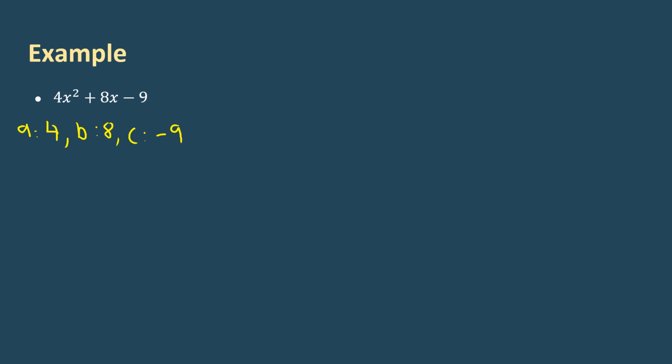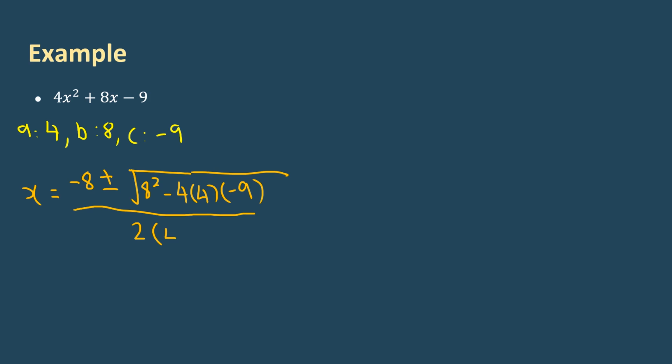So plug everything into the equation. x equals negative b plus minus square root of b squared minus 4ac, over 2a. I'm going to solve this now. So it's negative 8 plus minus square root of 64 plus 144.